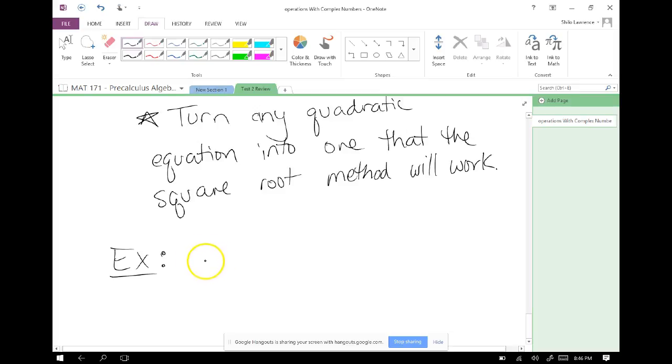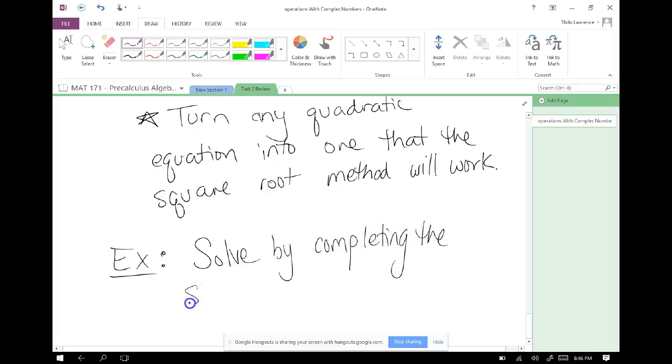But if I were to ask you to solve by completing the square, the first step is we're going to try to make a polynomial or a quadratic that is a perfect square. And the one that we're going to try is x squared plus 6x minus 15 equals 0.